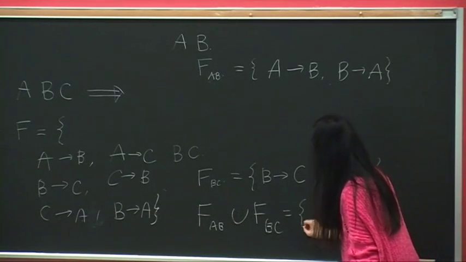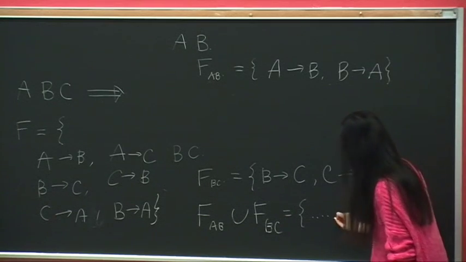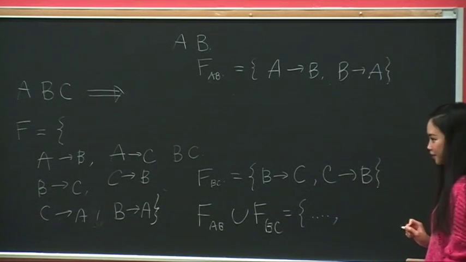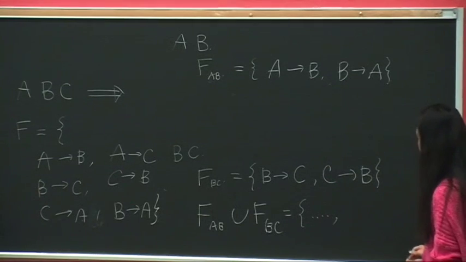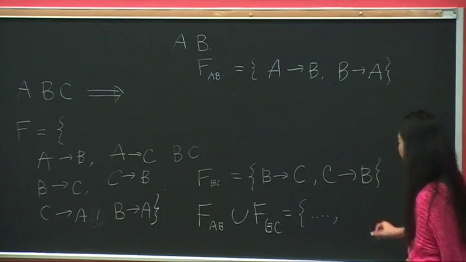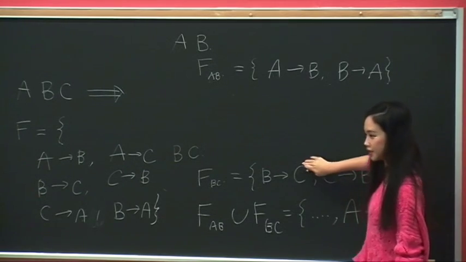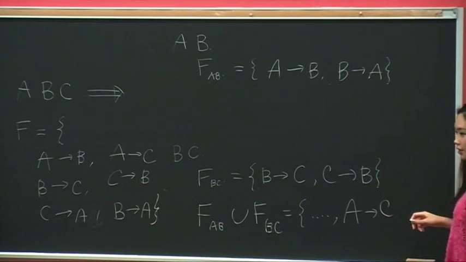I'll just write union. Okay, all these 4. And do you get more than that? If we put 4 of them together, A determines C, which comes from A determines B and B determines C. Which else?